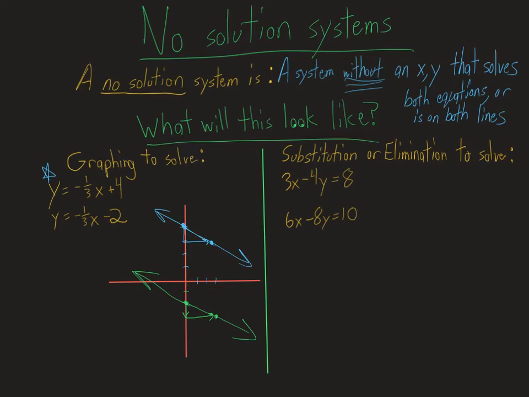If I'm looking at it over here as a system, let's just solve this, and I'm going to use elimination. I'm going to make an opposite pair out of these x's right here, which means I'm going to multiply this top equation by -2 so that everything cancels.